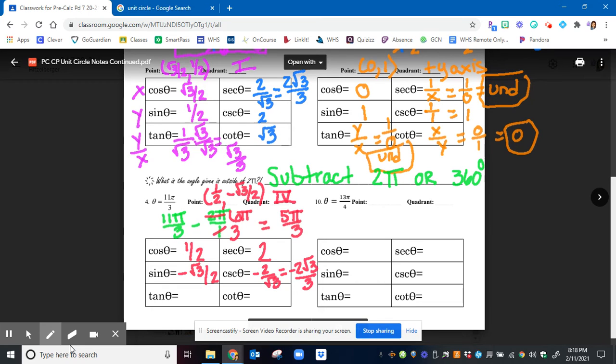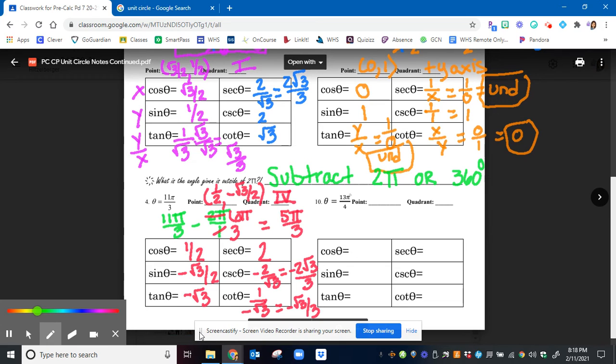Tangent is y over x, so negative radical 3 over 1. And then cotangent, the numerator of x all over the numerator of y, and then rationalize. Okay. All right, and there you have it.